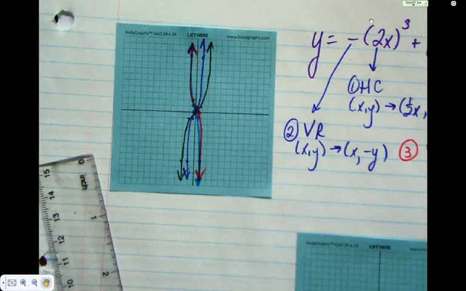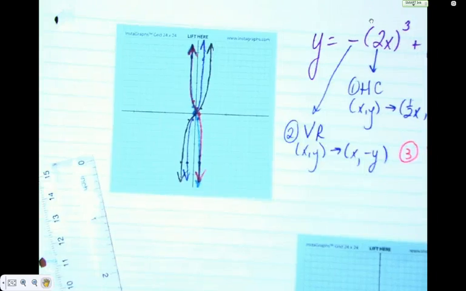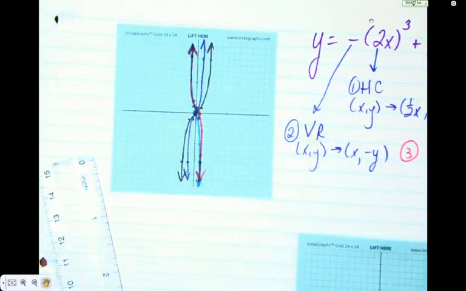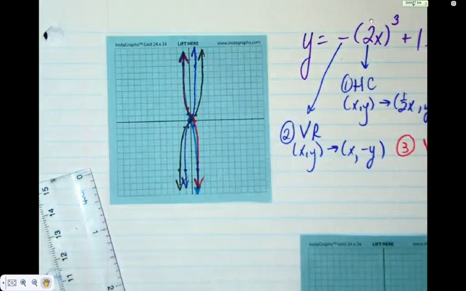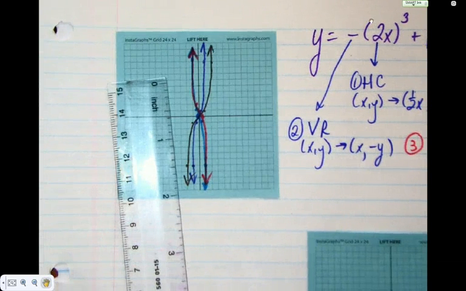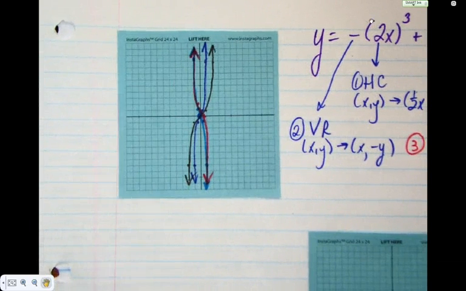I did go up 1. Who likes the ruler trick? Whose brain does that work for? Okay.